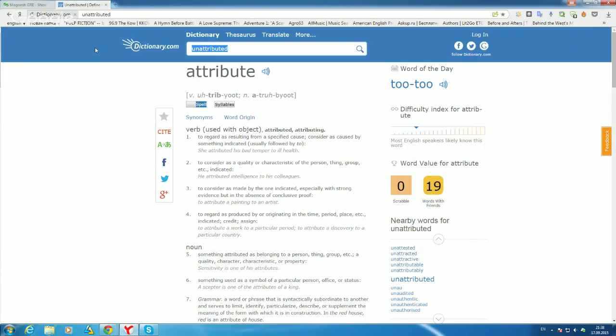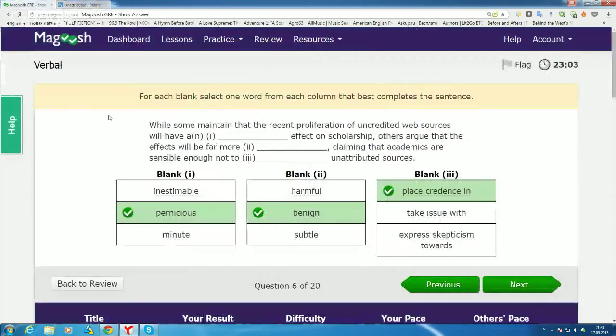This is a difficult one. I'm looking at number 4. Maybe a word that can help you is indicate. Consider as caused by something indicated. To say that this is the reason that something has happened. Trying to think of how to explain this. Unattributed sources.